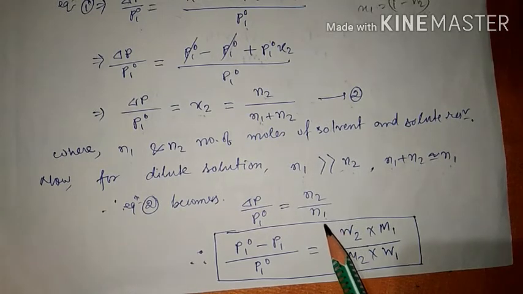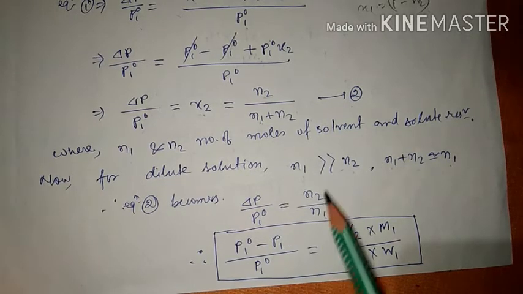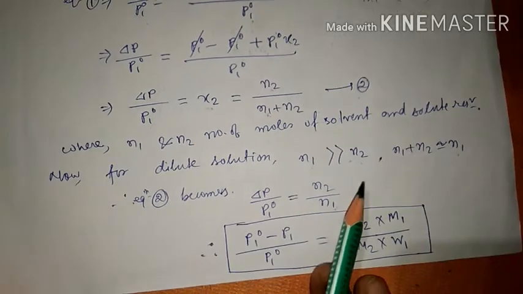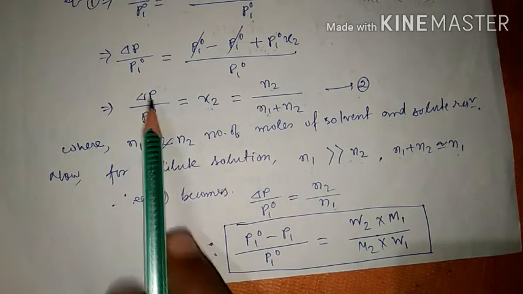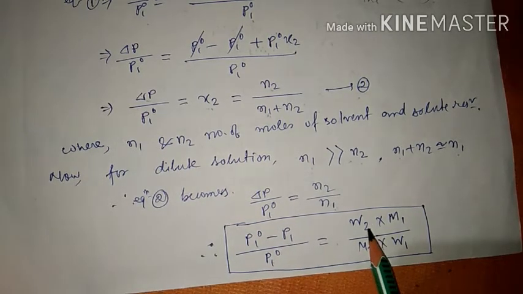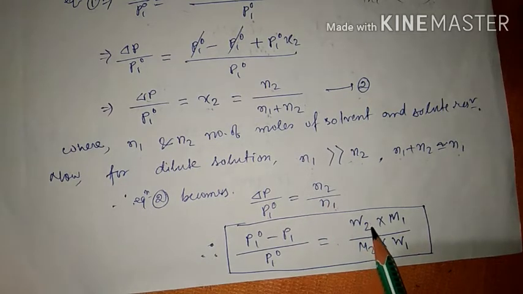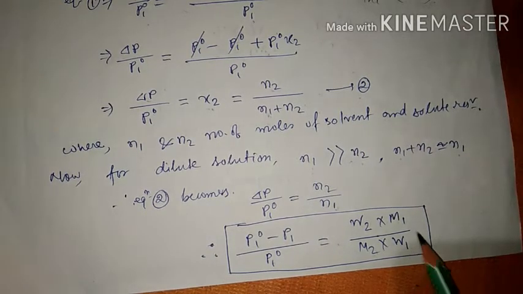Now what do you know about the mole? Number of moles is equal to the given mass of the solute or any particle divided by the molecular mass. See, (P1⁰ − P1)/P1⁰, this is ΔP/P⁰, equal to W2 means the amount of solute particle we are adding or we are given, M1 is the molar mass of the solvent, M2 is the molar mass of the solute, and W1 is the given mass of the solvent.